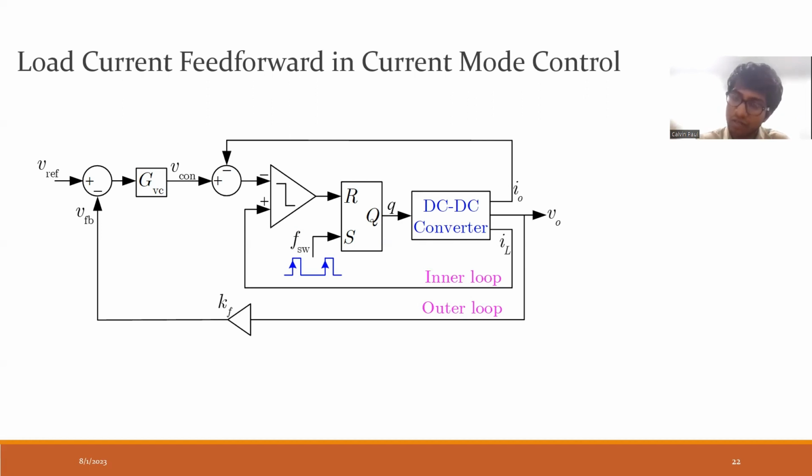That is, we are actually feeding the information of the output current to the control implementation. When we do that, changes in output current, which usually would cause a large dip in the output voltage, would result in a smaller dip, or sometimes even negligible or no change in the output voltage, because we are directly feeding the output current information.